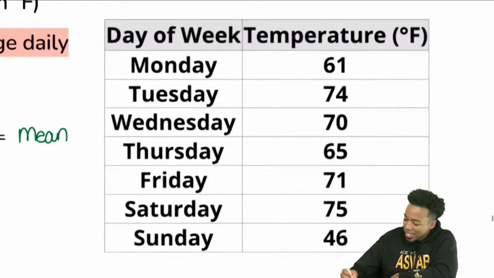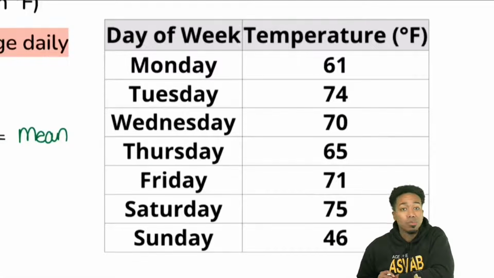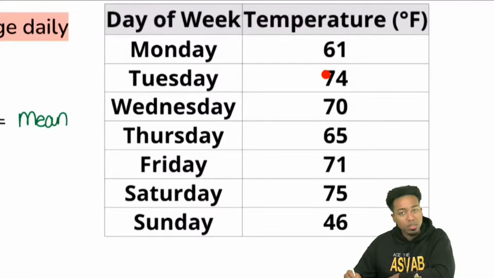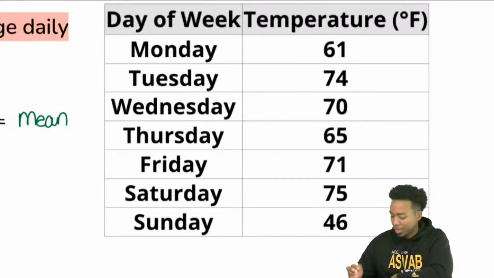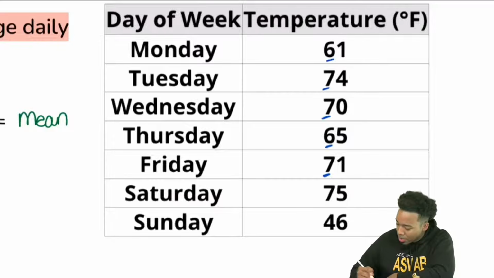So here we go. 61, 74, 70, 65, 71. First thing I'm going to do is let's just go ahead and split it up into the tens and ones. So 60 plus 70. I'll just do 6 plus 7, and I'll just put a 0 at the end of everything. So I'll say 60, 70 is 130 or 13, 20, 26. That'll be 33, 40, 44.